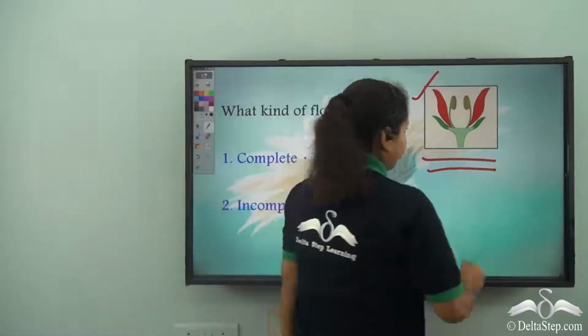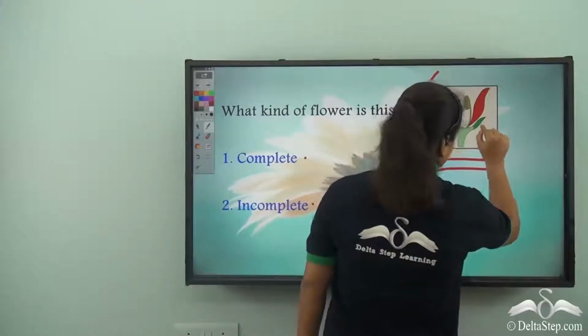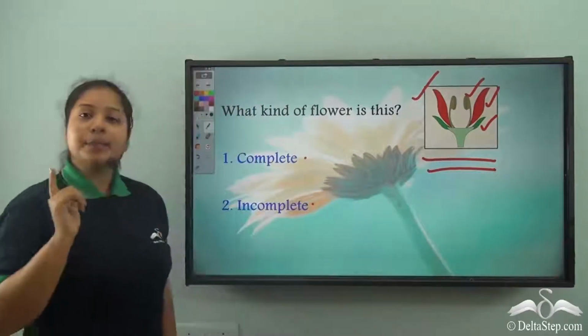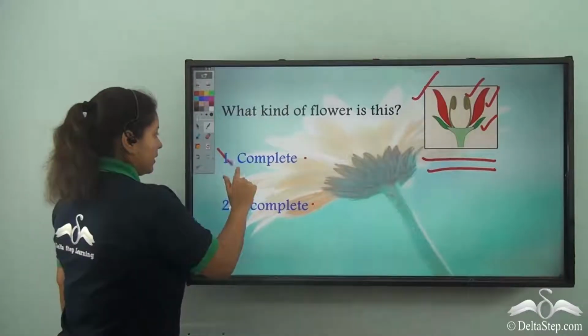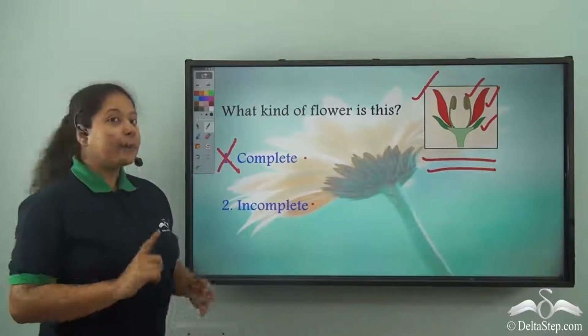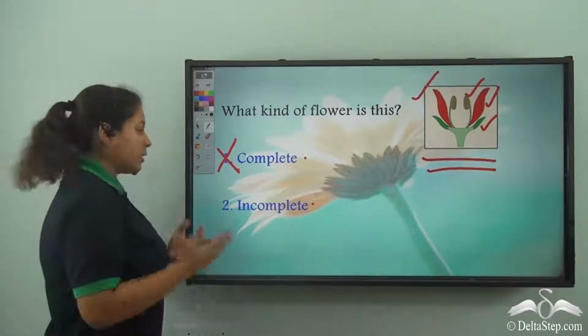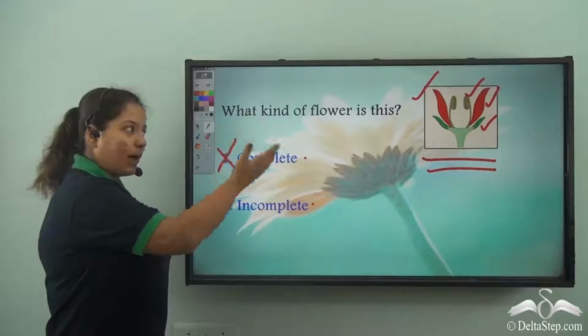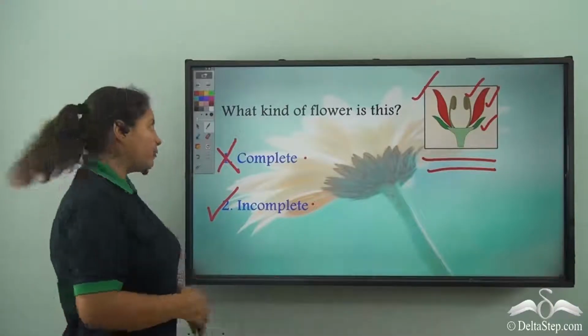Look in the picture. How many whorls are there? 1, 2 and 3. So, one whorl is missing. So, this is not a complete flower. Complete is a wrong option. So, the correct option is incomplete flower because one of the whorls is missing in the flower.